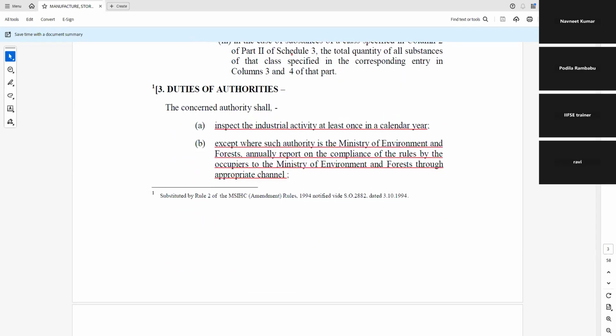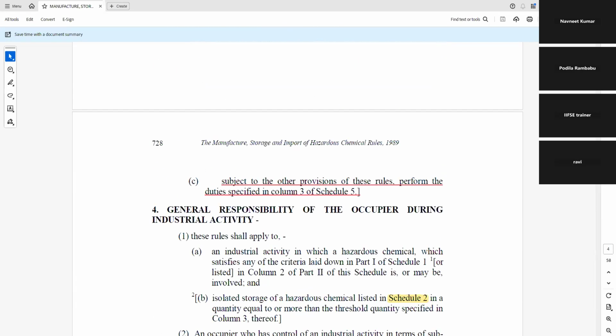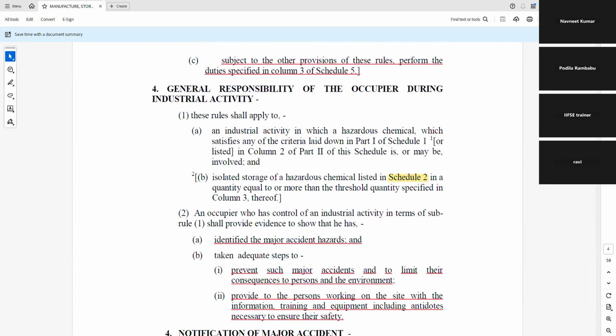Then we have seen the duties of authorities. Then the general responsibilities of the occupier. I think somehow we stopped here. So what are the responsibilities of an occupier? Who is meant by occupier? Any guess?